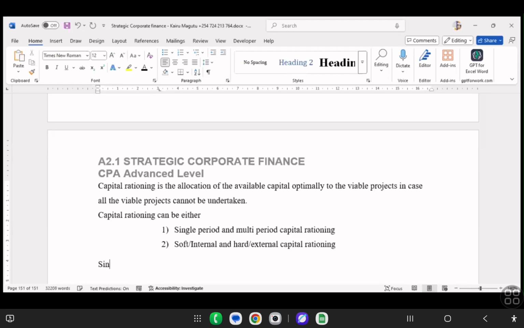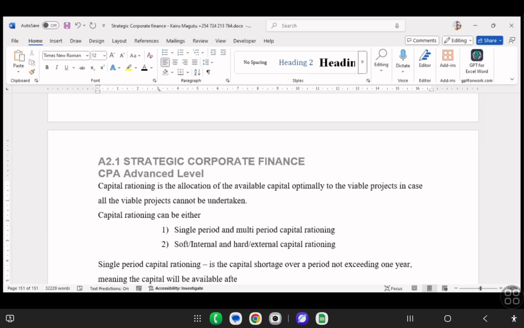So single period capital rationing, we say that is the capital shortage over a period not exceeding 1 year, meaning the capital will be available after 1 year.